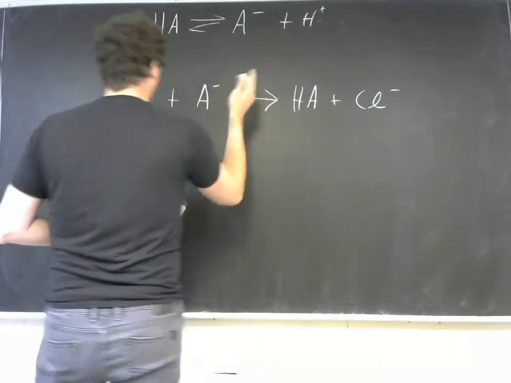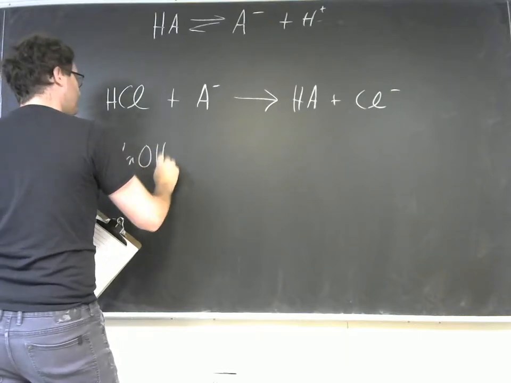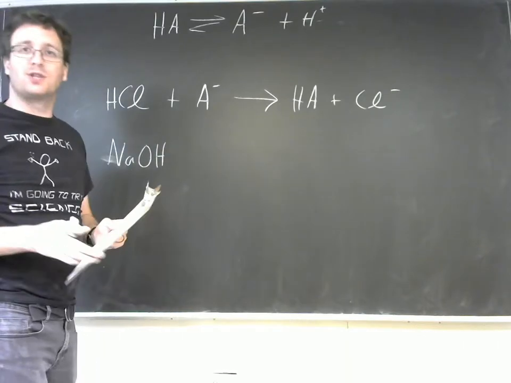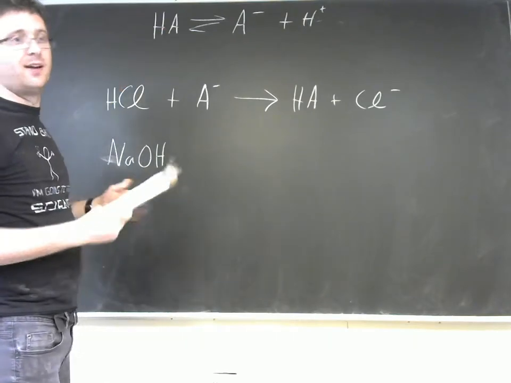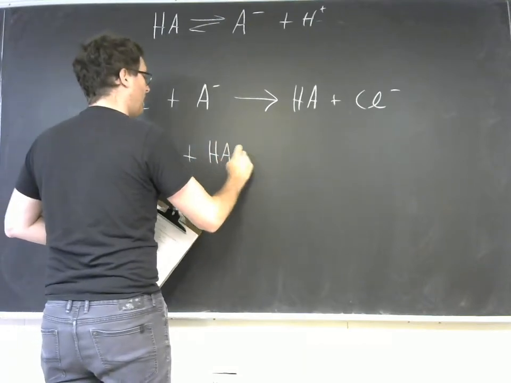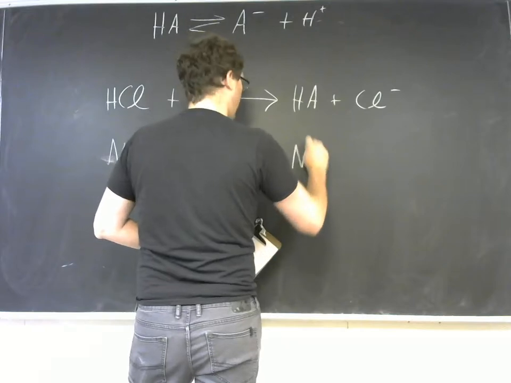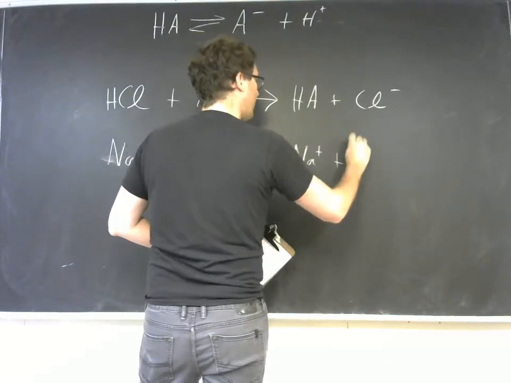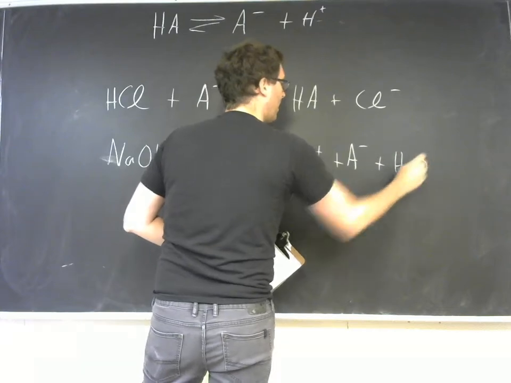And if I were to add NaOH instead, if I add a strong base to this buffer solution, then it's going to react with the acid of that conjugate pair. So plus HA, and that's going to produce Na+ and A- and some water.